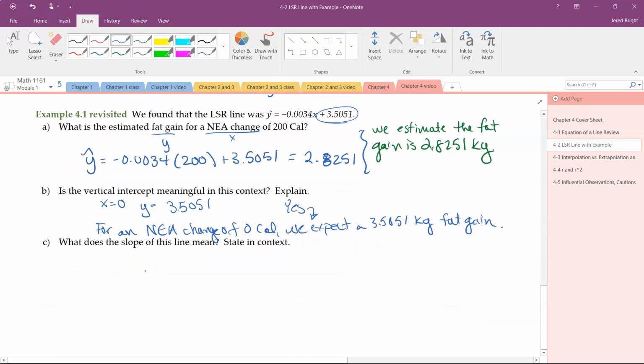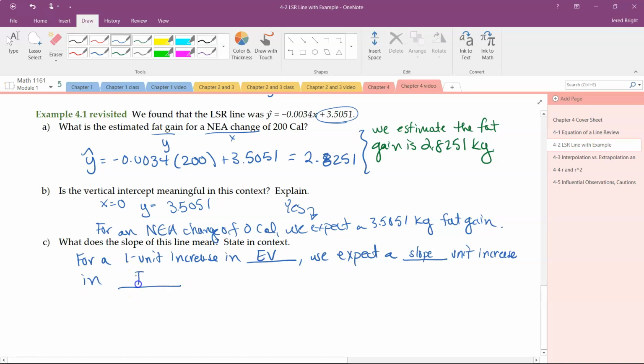Lastly, what does the slope of this line mean? Super, super important that you know how to interpret the slope. In general, we say for a 1 unit increase in the explanatory variable, your x, we expect a blank, so this would be your slope, and then unit, increase in your response variable.